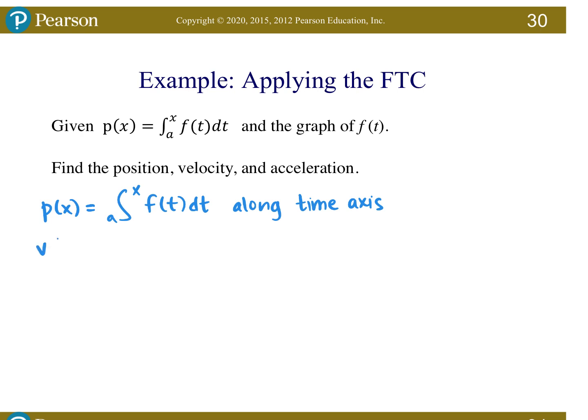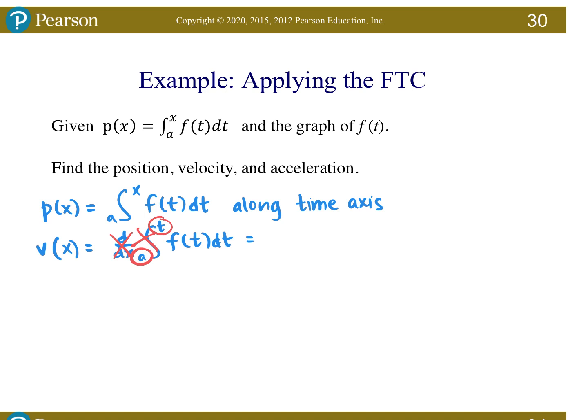The velocity would be the derivative of the integral from a to t of f of t dt. Okay, so now we have a derivative combined with an integral. So remember, the derivative will cancel out the integral as long as I remember to plug in the two bounds.